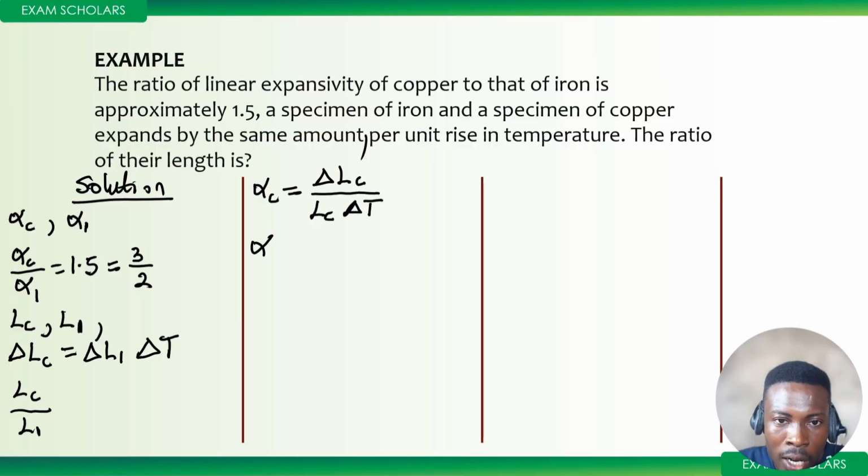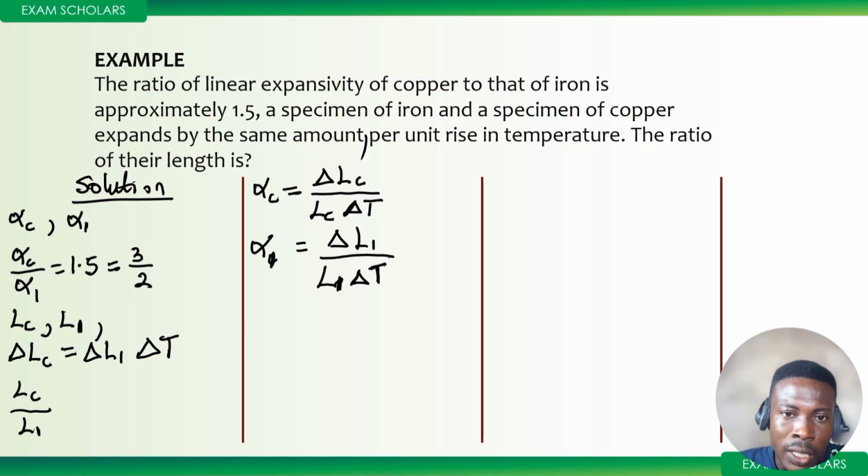Then alpha I will give us the change in Li for iron over L of iron, multiplied by the change in temperature. Okay, so this is for copper, this is for iron. Let's go back to what is the same for them.